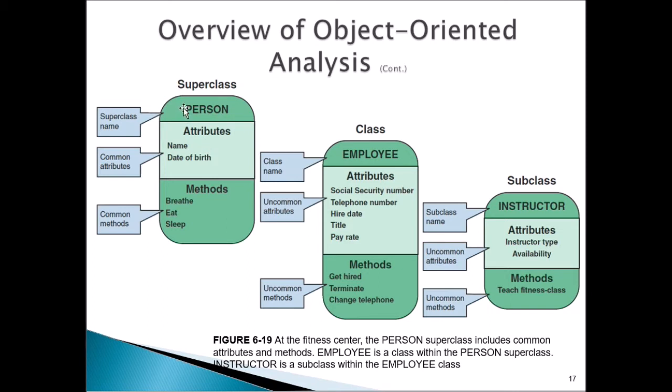So in this example, we'll show that the person can be any person. That's a superclass. And employee is this class. And instructor is a type of employee, so that would be a subclass. That's the example this slide's trying to display.